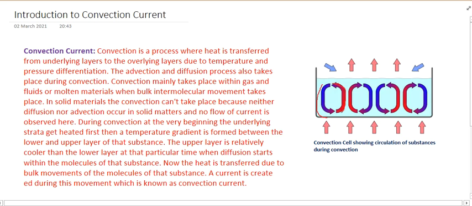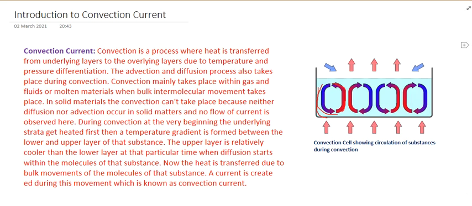Because when heat is transferred from the lower layer towards the upper layer, the cold water, fluid or gaseous substance descends downward, gets heated again, rises upward, gets heated at the overlying layers and descends downward again. So this is a continuous process, and convection takes place throughout the whole process of heating.